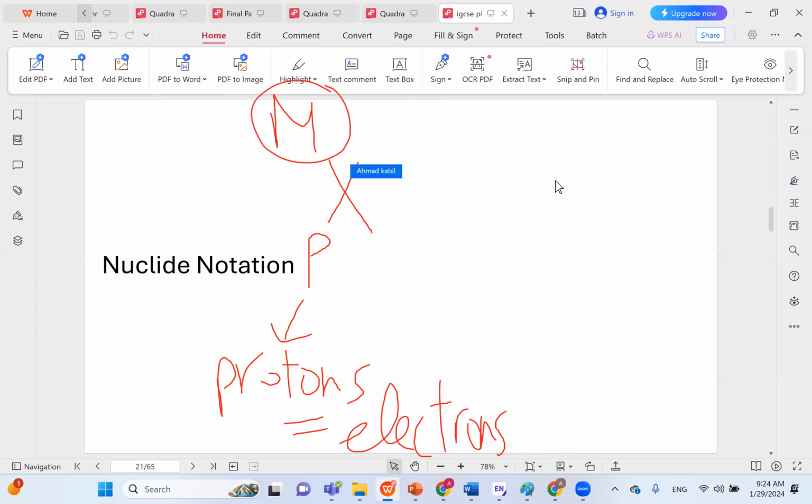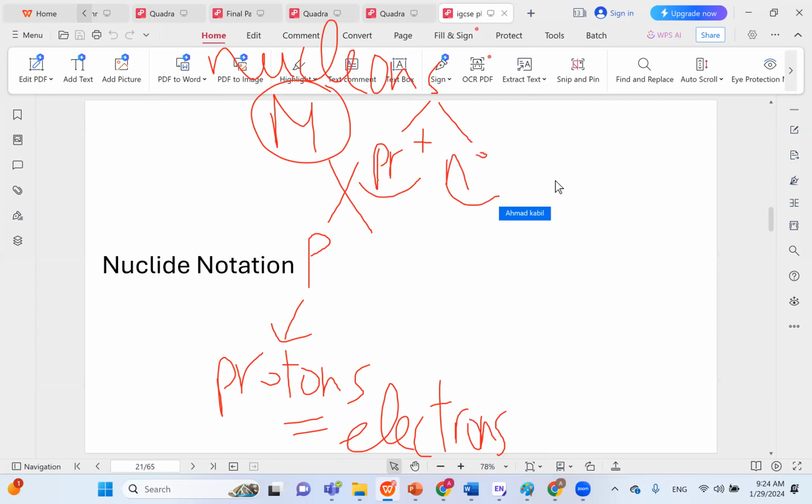And this is the number of nucleons, which is basically protons plus neutrons as well. Positively charged and uncharged particles inside the nucleus. So this is the mass number. It's the number of the nucleons inside the nucleus. This is the basic concept which we will use to solve the following questions.